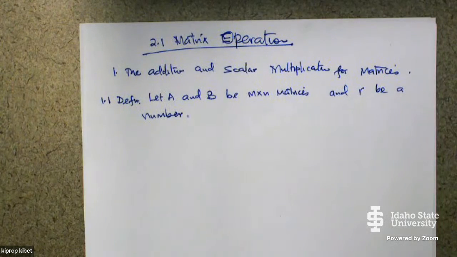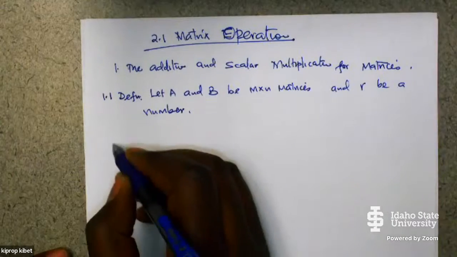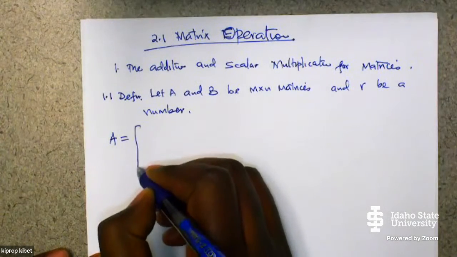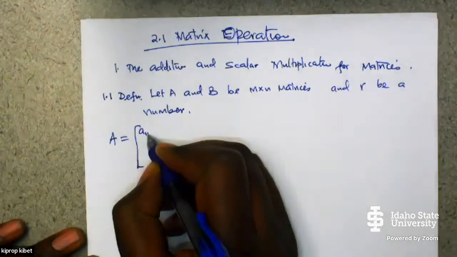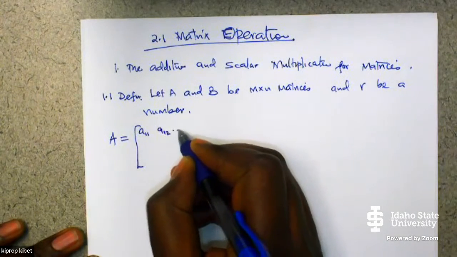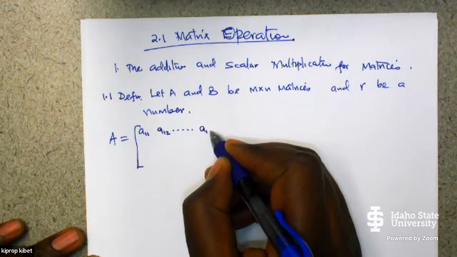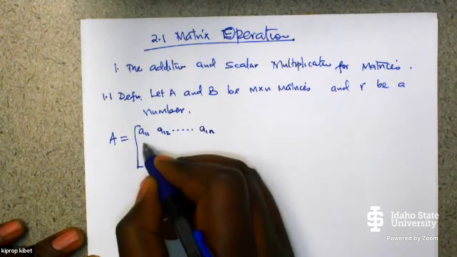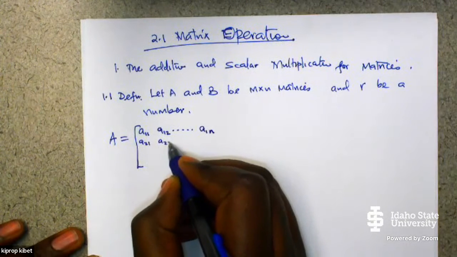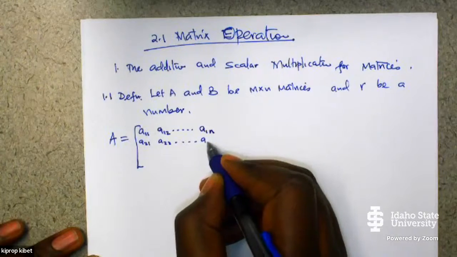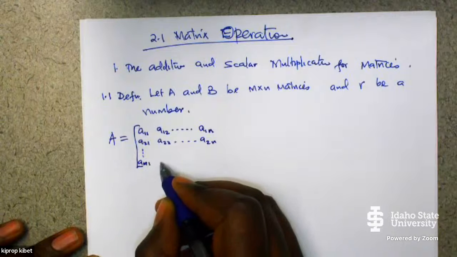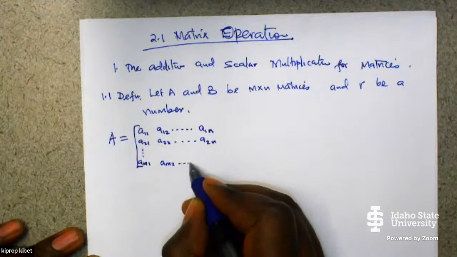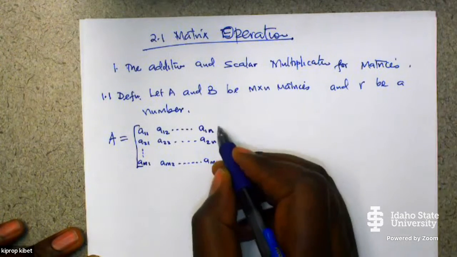If A is an M by N matrix, then the first entry is A11, the next one is A12, and then it goes all the way to A1N, and then A21, A22, all the way to A2N. If we continue like this, then it is AM1, AM2, and it goes all the way to AMN.